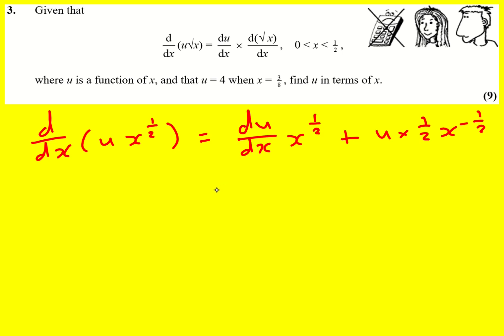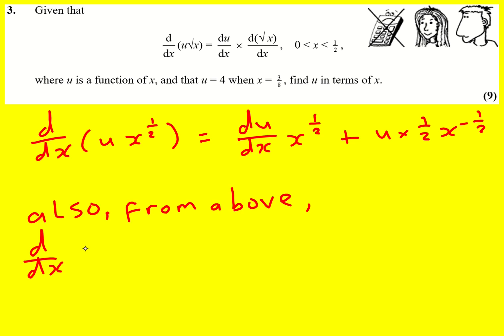And we can now set this equal, actually I don't want to rush it, also from above, d by dx of u x to the half equals du by dx times, what happens when you differentiate root x? It's going to be a half x to the minus a half again.